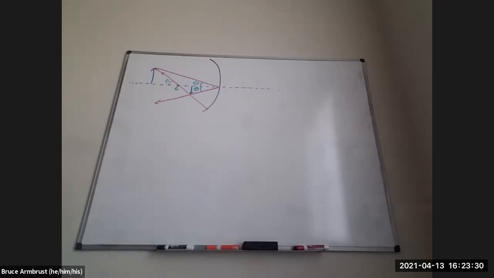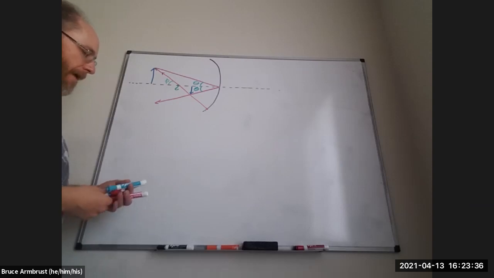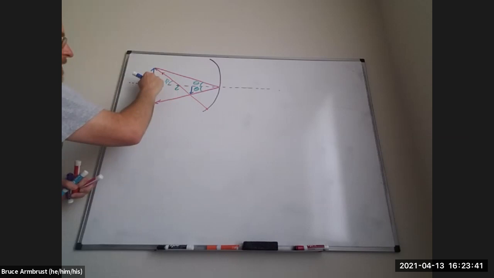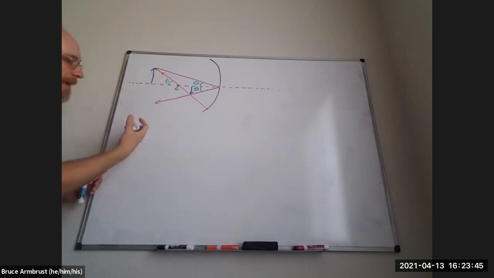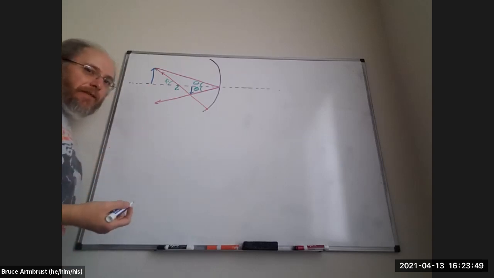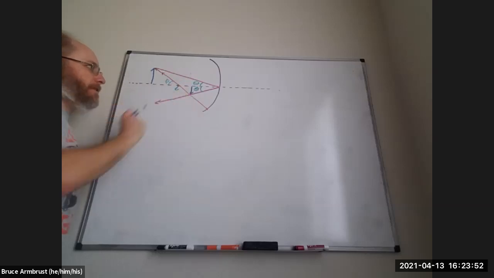So first of all, let's look at theta, and let's look at the triangle that involves theta and the object itself. One more thing I'm going to do, because we haven't done this yet, is keep track of the heights of these arrows.